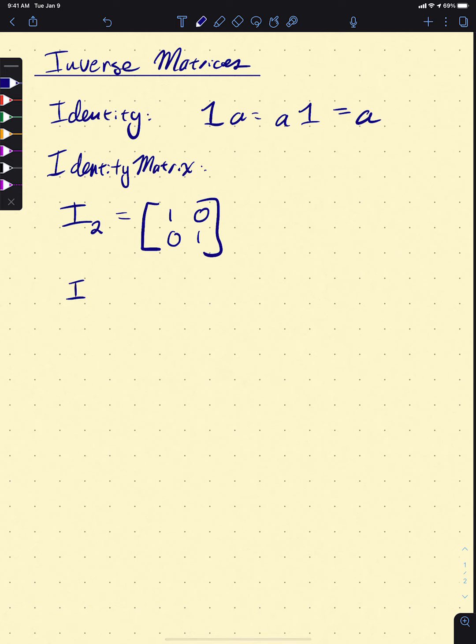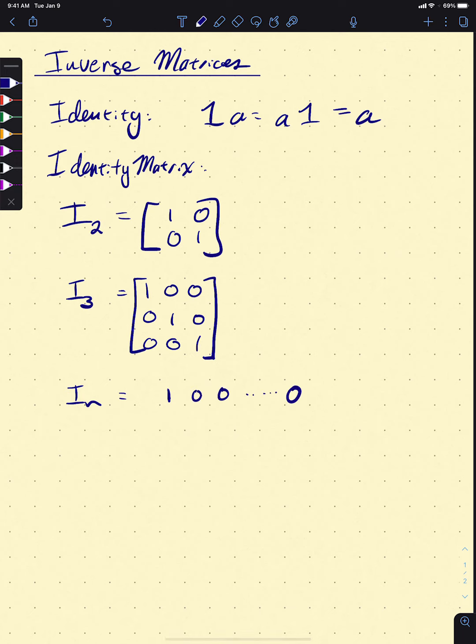If we had a look at, say, I3, it's going to look pretty similar, right? 0, 0, 1. So the identity matrix has 1 along the main diagonal and 0 everywhere else. If we were looking at some arbitrary n by n matrix, you'd have 1, 0, 0, and so on.